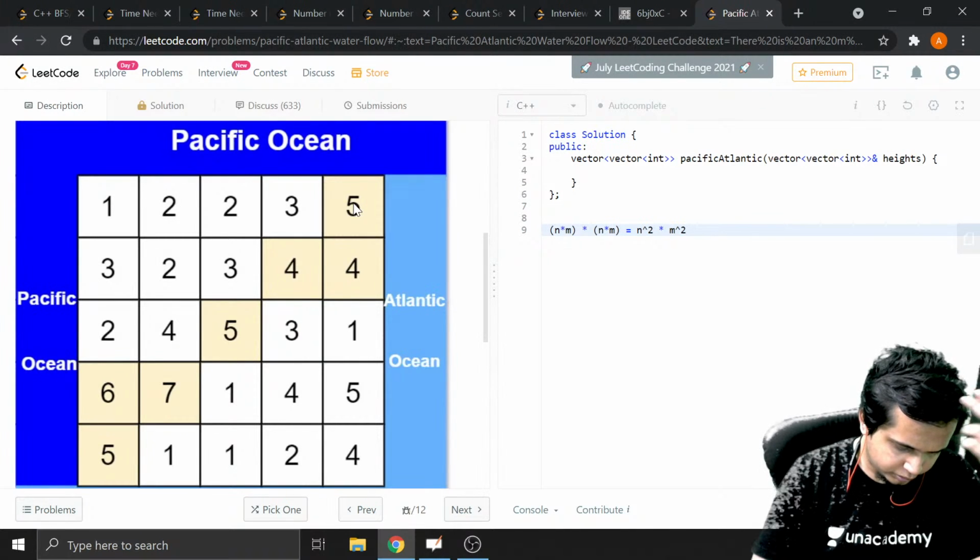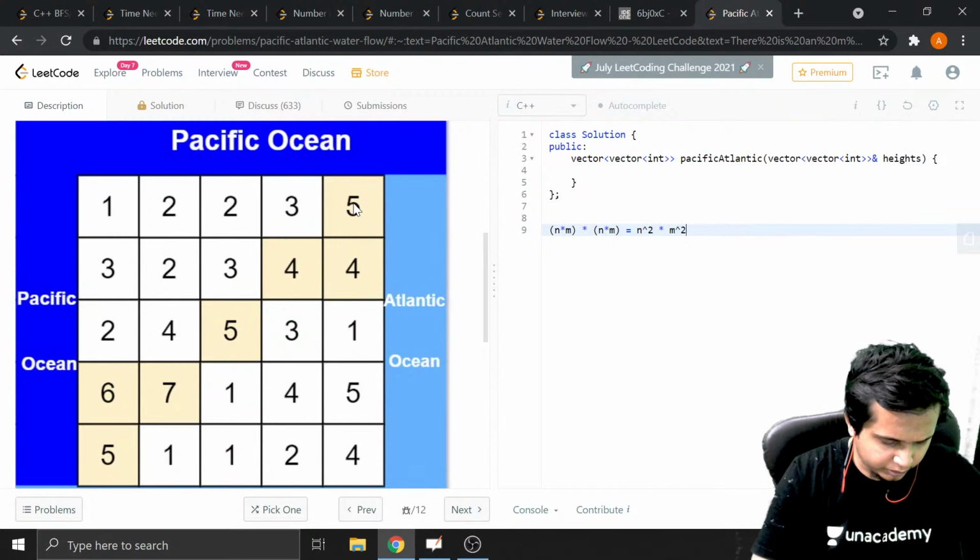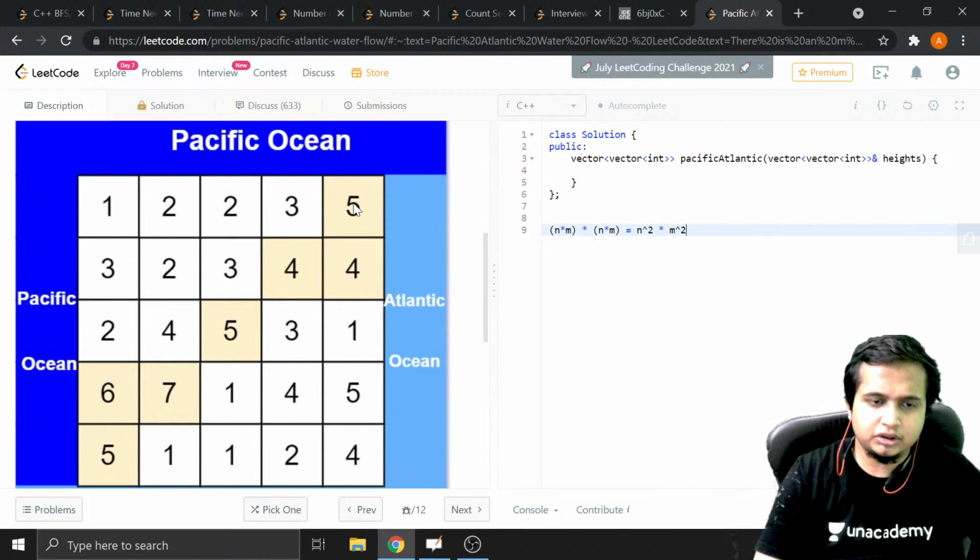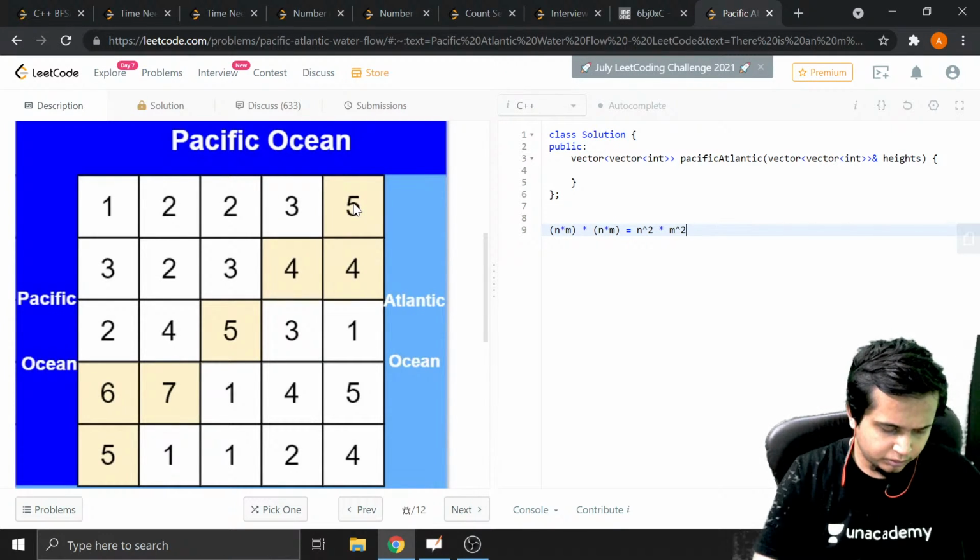I am not able to understand. If anyone is able to understand, can someone just write it, or you can just post it in the Telegram.